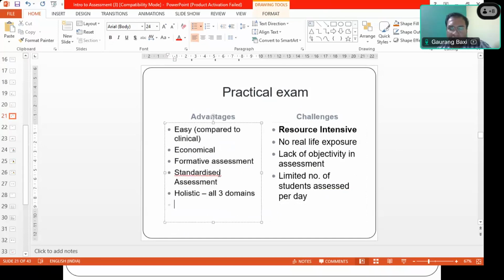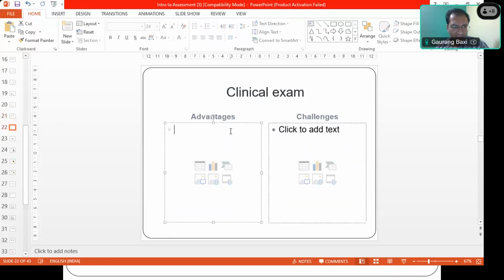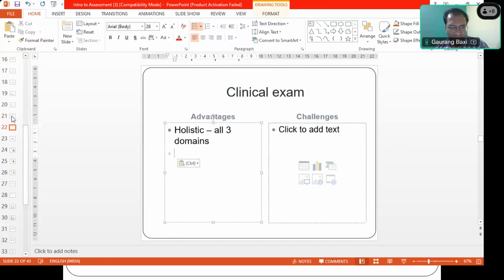Okay, so if we are assessing using all three domains, fine. But is this more relevant for practicals or for clinicals? That holistic aspect. So that point we have written for the clinical assessment, sir. Yes, advantage. So let's shift it to the clinicals.